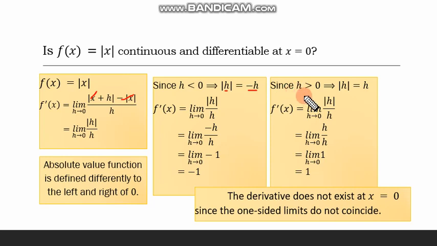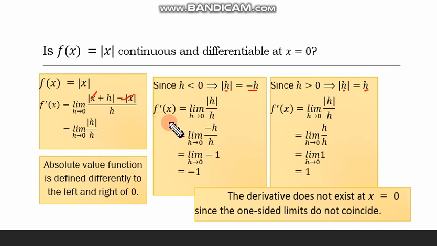While for h from the right side, h is greater than 0. Therefore, the true value inside the absolute value bars is also positive, the positive h. Now let's go back to the left side.